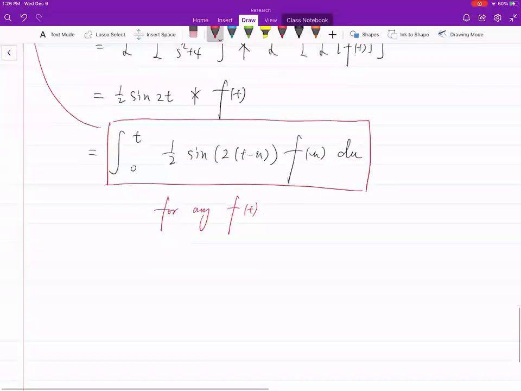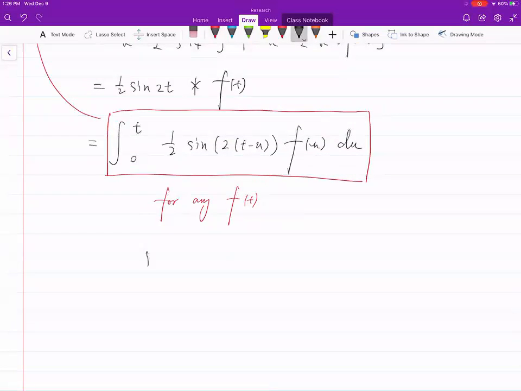This does not look nice at all. So what we had before? Well, before, if you have, for example, f(t) equals delta_a(t), you can plug it into this. That will be the solution. And moreover, you will be able to actually do the integral and find the antiderivative to simplify this one further.